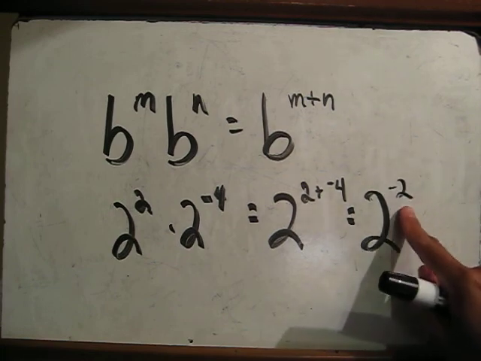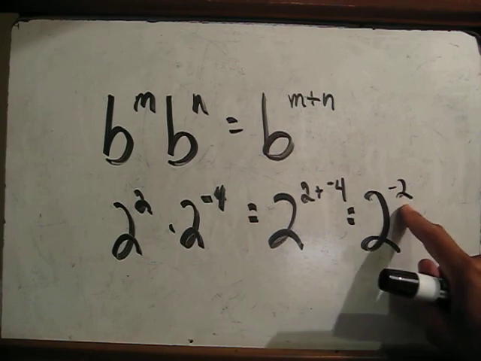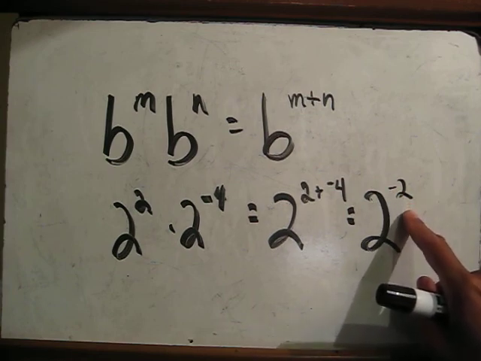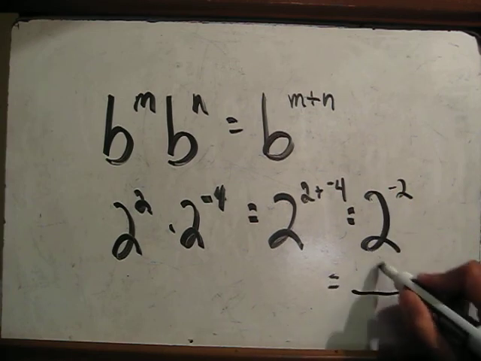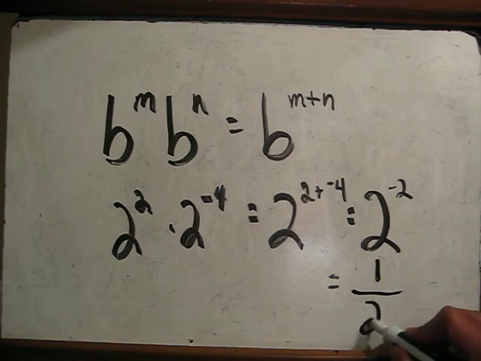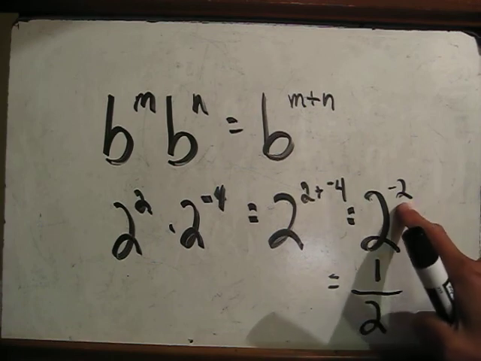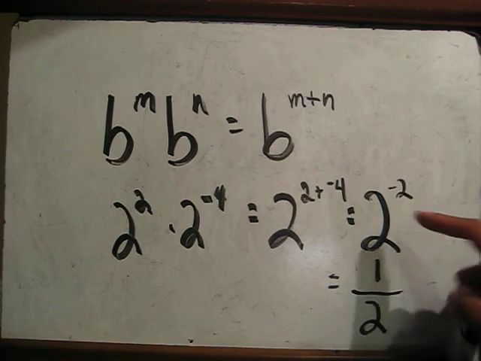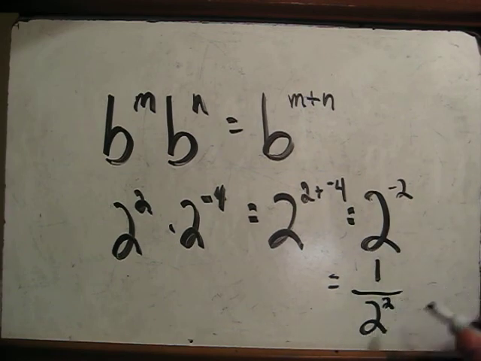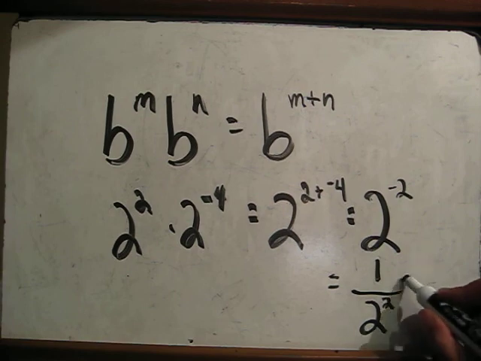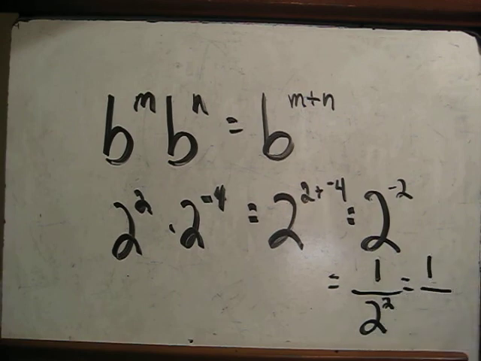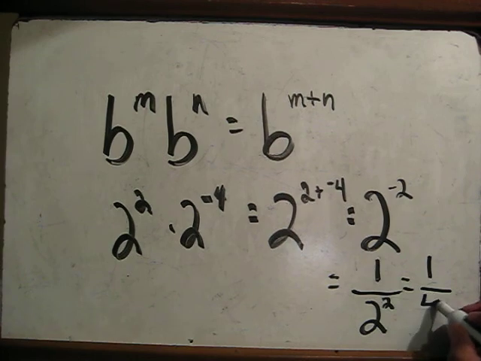But remember, we don't want our exponent to be negative. So it's 1 over, keep the base, the 2, but keep the exponent without the negative. So that becomes 2 to the second. So 1 over 2 to the second power. And we can simplify that because 2 to the second power is 4.